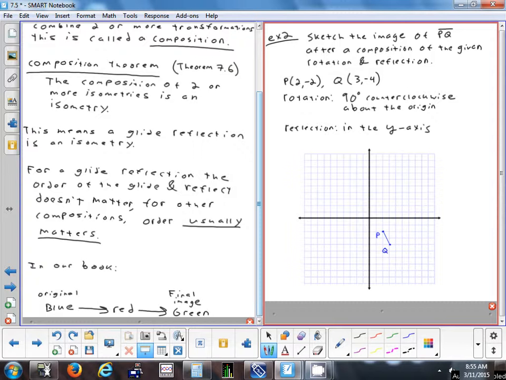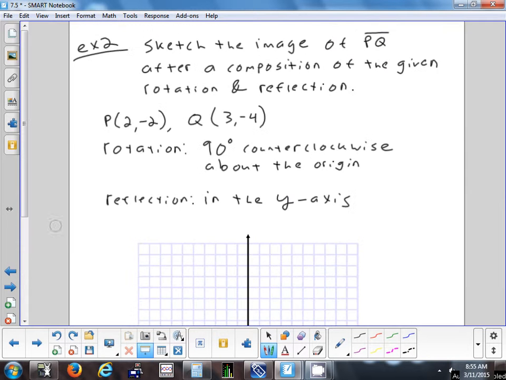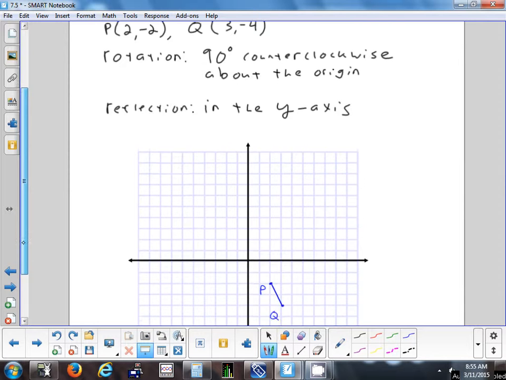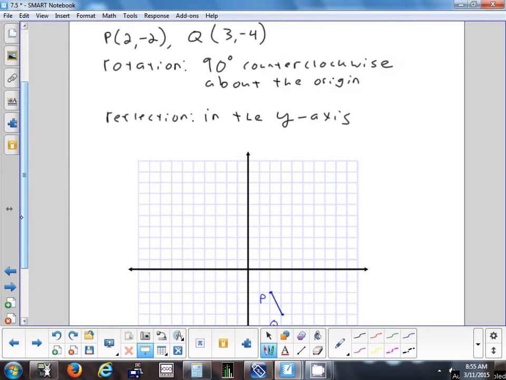Okay, let's do it in the order that I have listed first. Let's rotate it and then reflect it. Everybody have what's on the left? All right, so what is the trick to take a point and rotate it 90 degrees counterclockwise? What do you do with the two numbers?